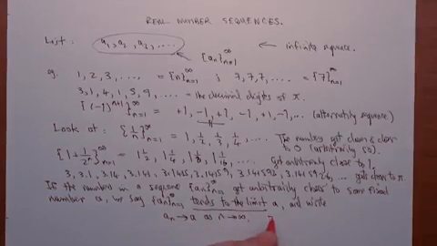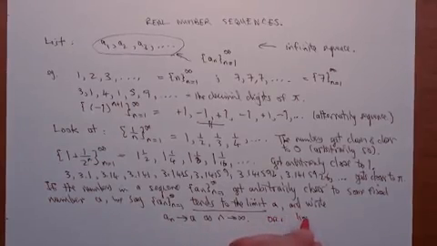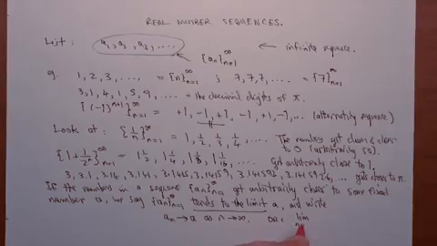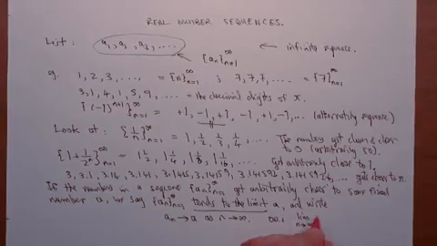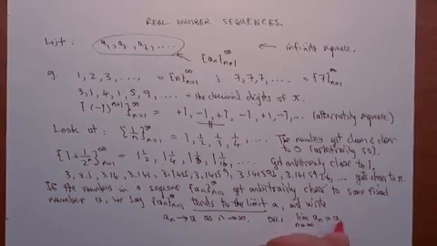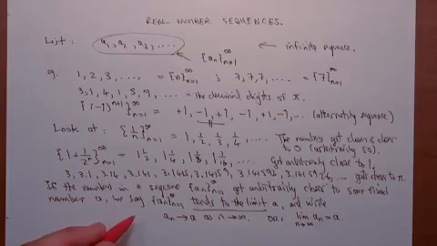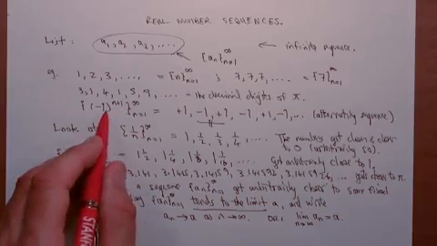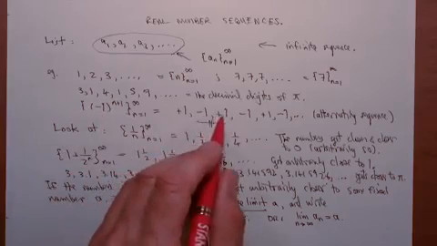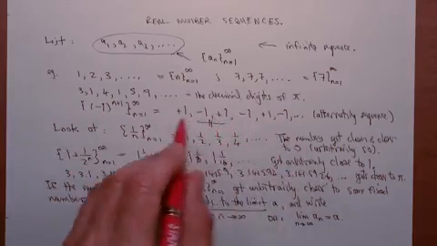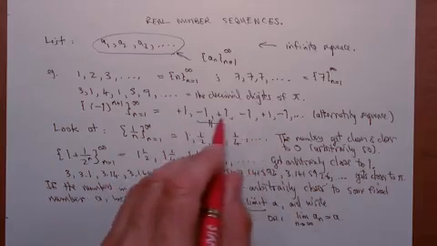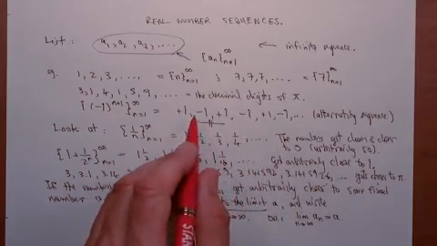An alternative notation is we sometimes write it this way: limit as n goes to infinity of a_n equals a. Not all sequences tend to a limit. Look at this one, for example, this alternating sequence. +1, -1, +1, -1. That doesn't approach any particular number. It bounces back and forth between +1 and -1.